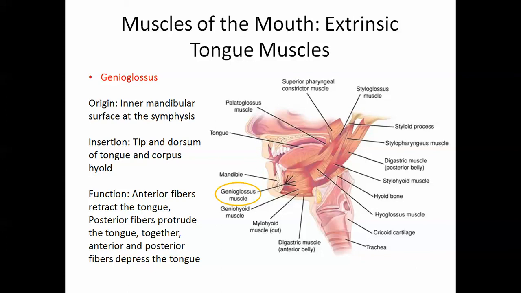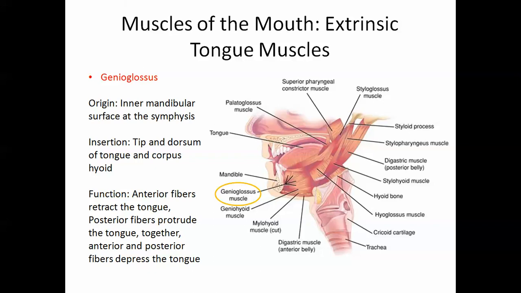This muscle has anterior fibers and posterior fibers, and when the two work together, they have a whole other function. The anterior fibers, when they shorten, pull the tongue back. They retract the tongue. The posterior fibers, when they shorten, pull the tongue forward. This is not the best picture of the genioglossus.